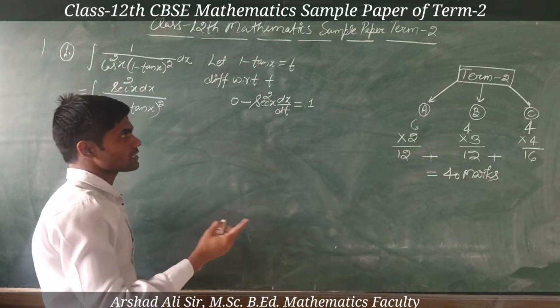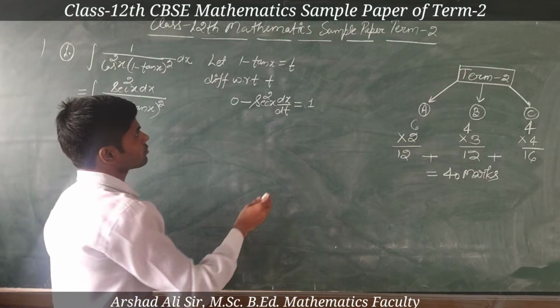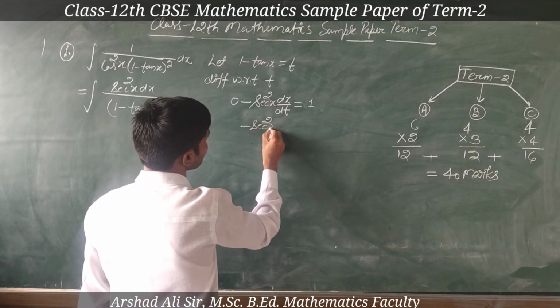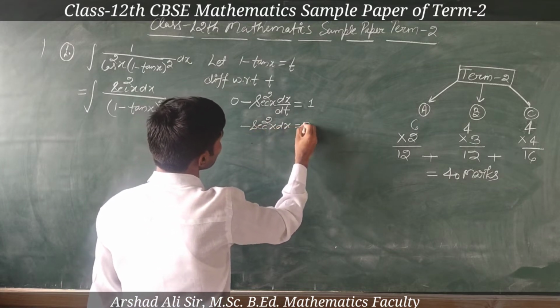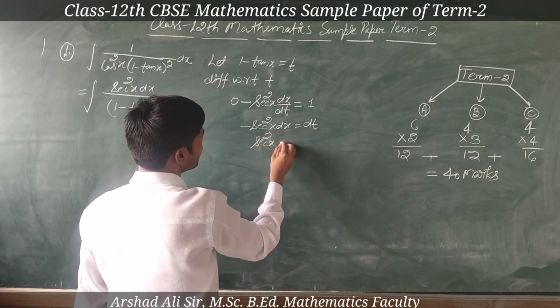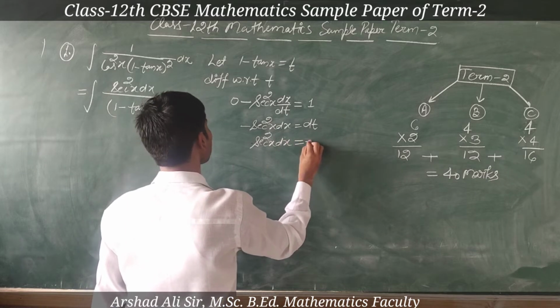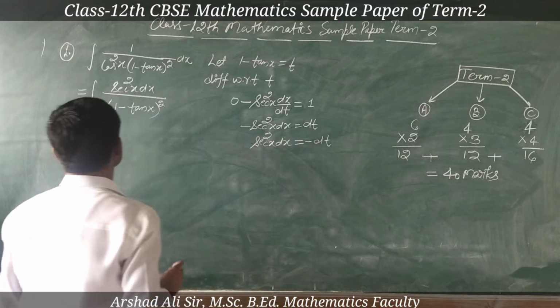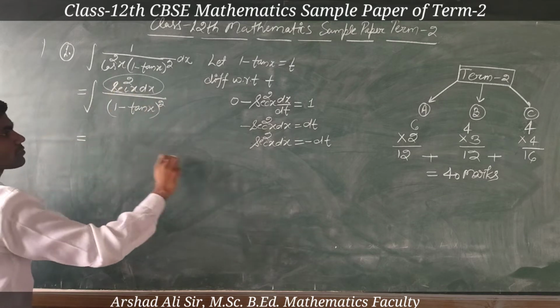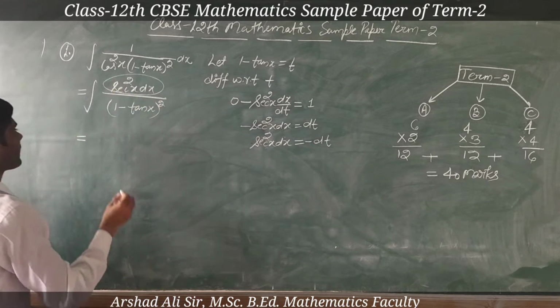Differentiation of t with respect to t is equal to 1. So here we can write minus sec square x dx is equal to dt, or we can write sec square x dx is equal to minus dt. So dear students, here we can put the value sec square x dx is equal to minus dt.